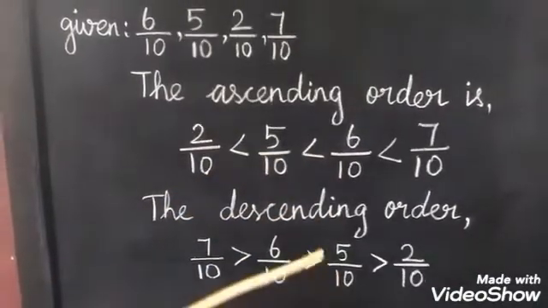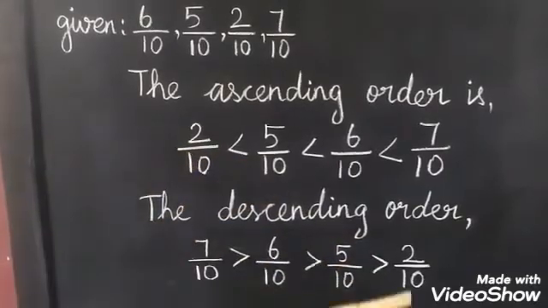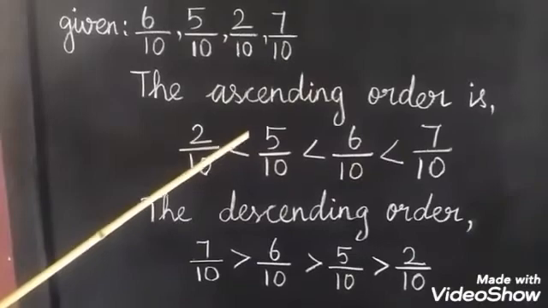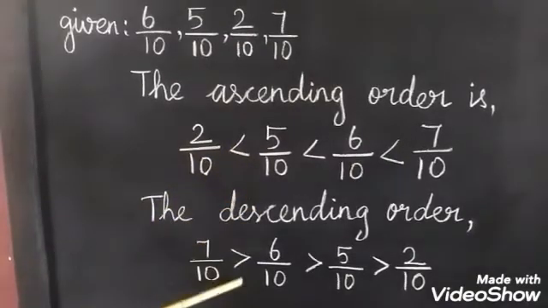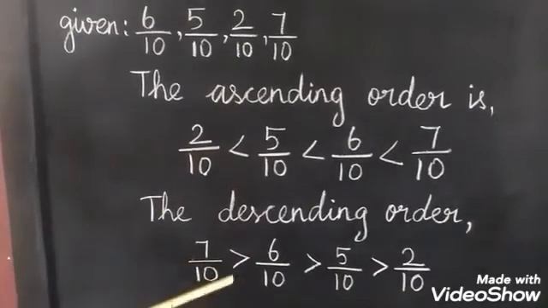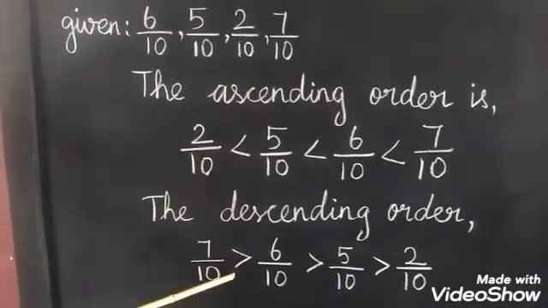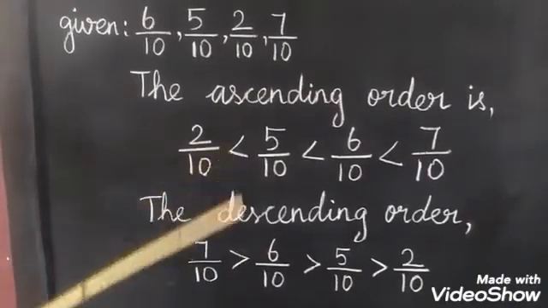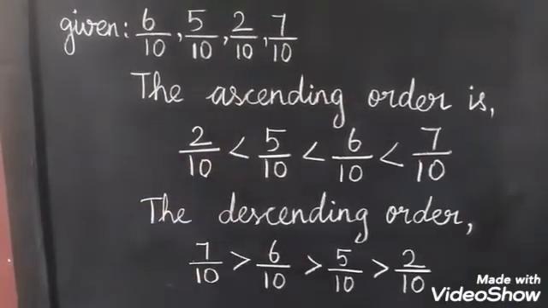See the symbol. For ascending order, we have to use the less than symbol. For descending order, we have to use the greater than symbol. If you change the symbol, then the answer will also be wrong. So, we have to put the symbol properly. Ascending order, less than symbol.